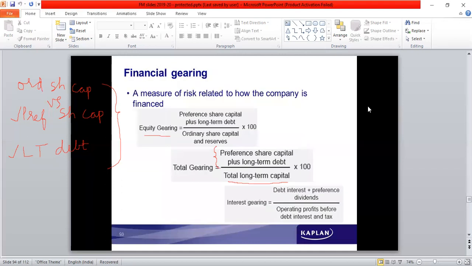You can make a note of that. So it is the ability of the firm to use fixed capital. Operating gearing is operating fixed cost, and financial gearing is financial fixed cost.